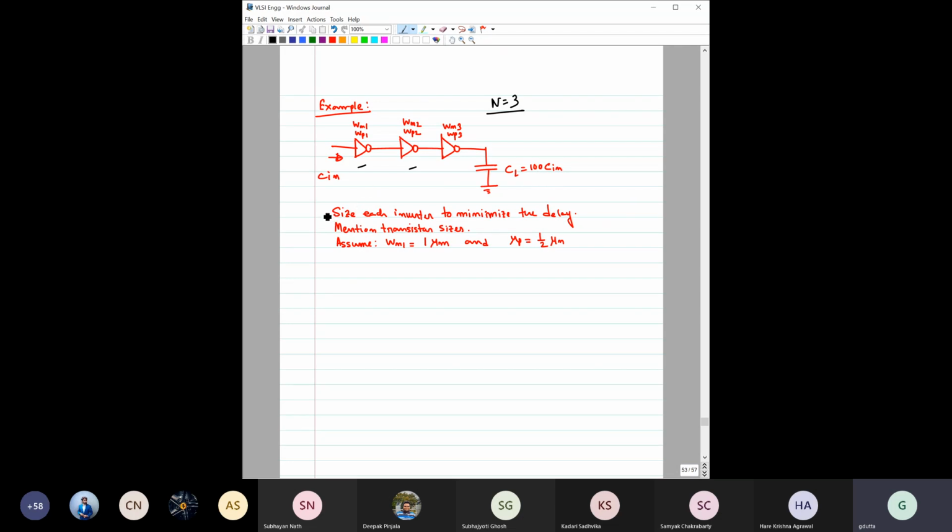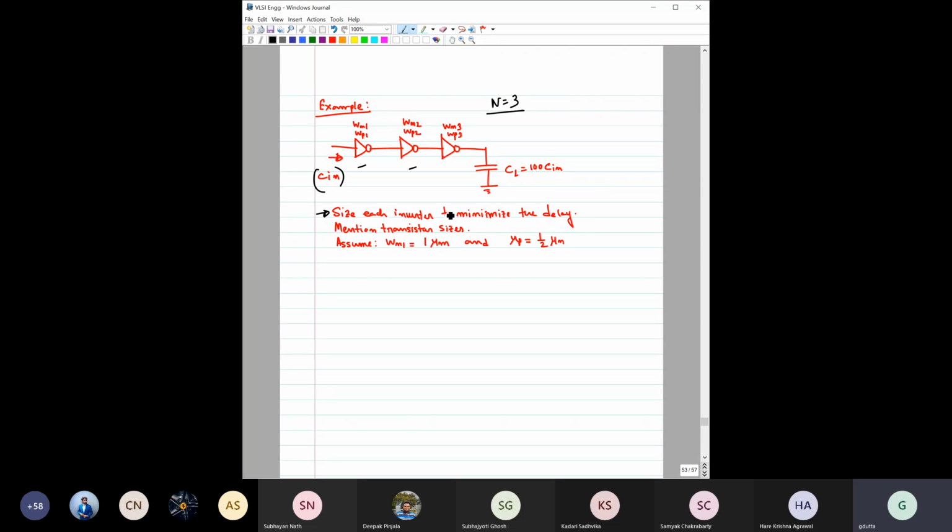In this question it has been asked to size each inverter to minimize the delay. So you have to size the inverters, meaning you have to find the F. For the C in we cannot do any change, because this is the initial stage and the capacitance is fixed here. From the next stage onwards we can do that.